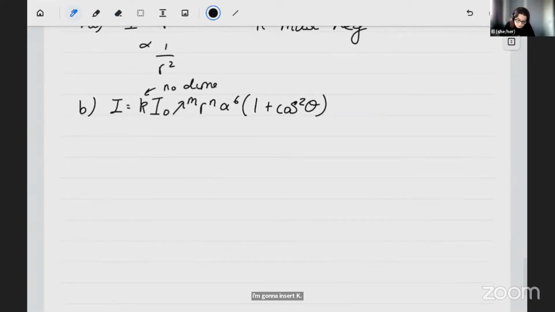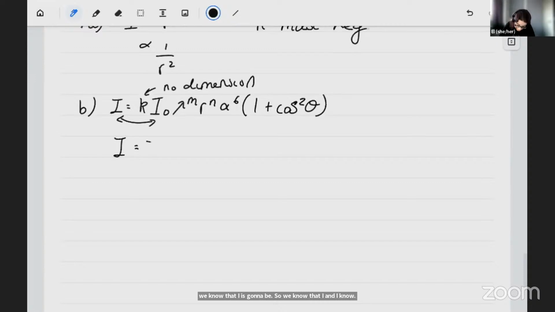It's just going to be some scalar number, could be 2, could be some decimal, but it's going to be a scalar. So now we need to substitute in the units that we know. So we know that I and I naught are going to have the same units.